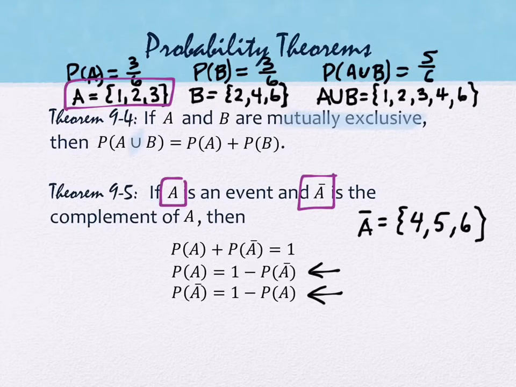You guys do this all the time, right? It's just subtraction. It's just the percentage that's missing to make up 100%. That's all this theorem says, is that when I talk about 2 things that are exact opposites, either it's in this set or it's in this one, then those 2 probabilities have to add up to 1, or 100% if you're thinking in terms of percentages.